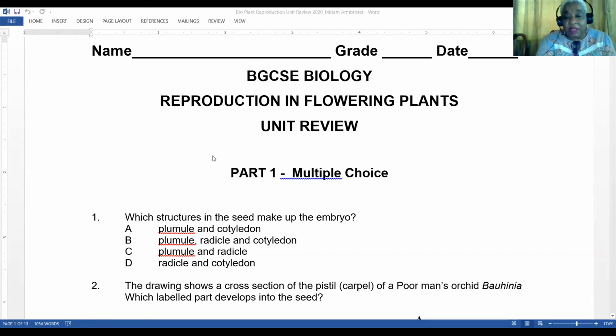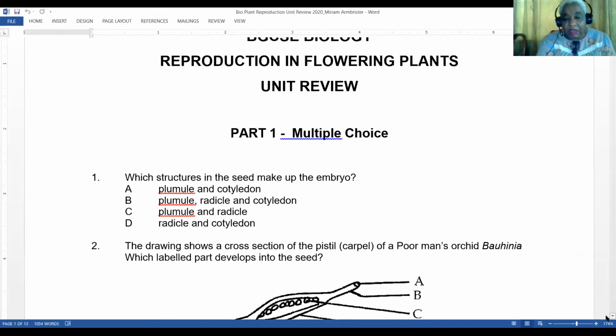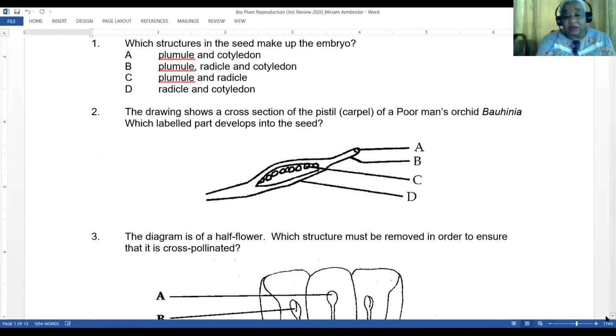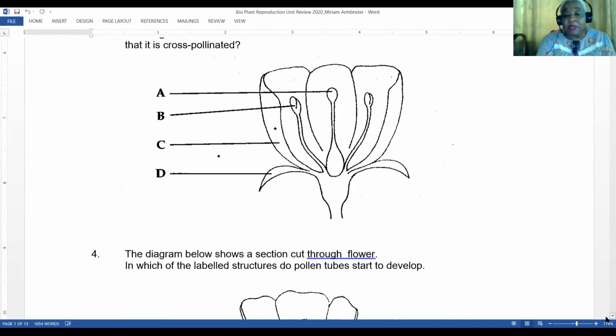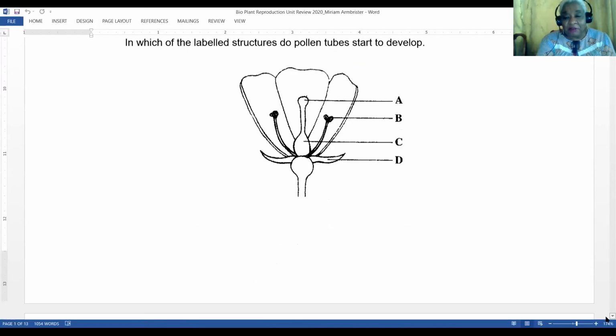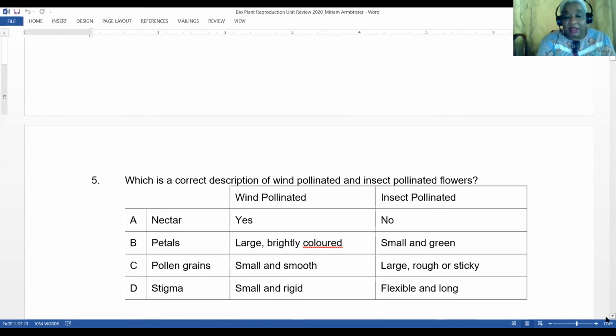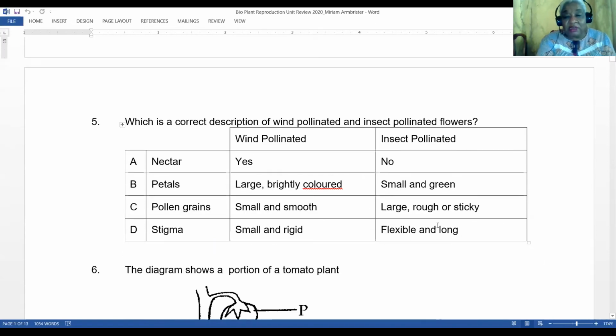It starts with some multiple choice questions. These questions were all taken directly from years and years of IGCSE exams. Here's the wind and insect pollinated question. How many of you think you can answer that one? I'm not answering it for you.